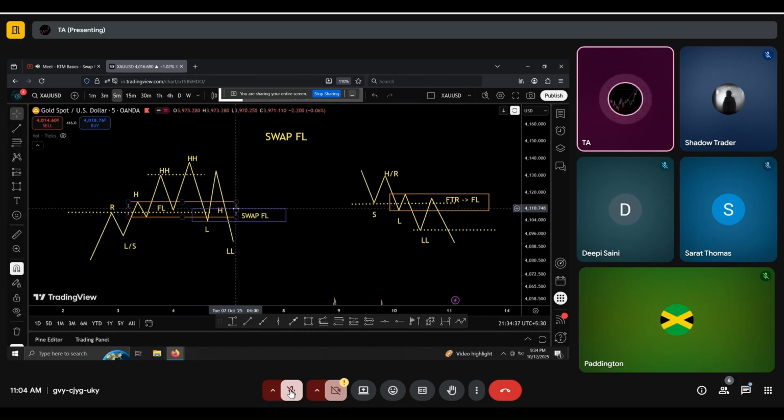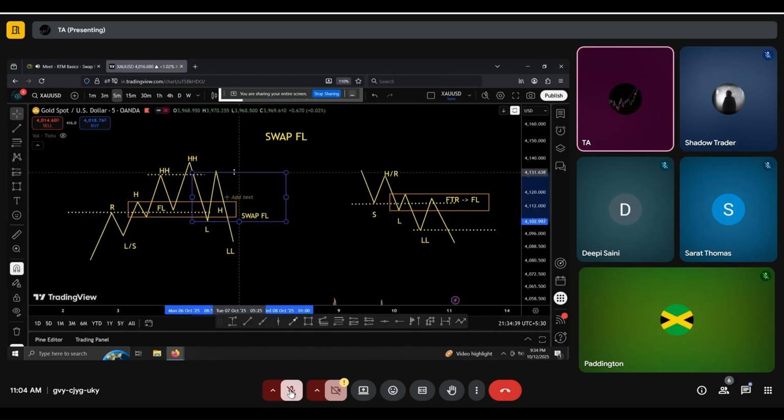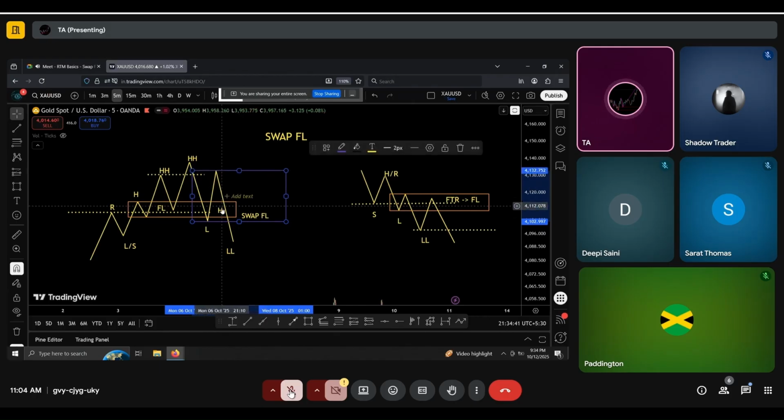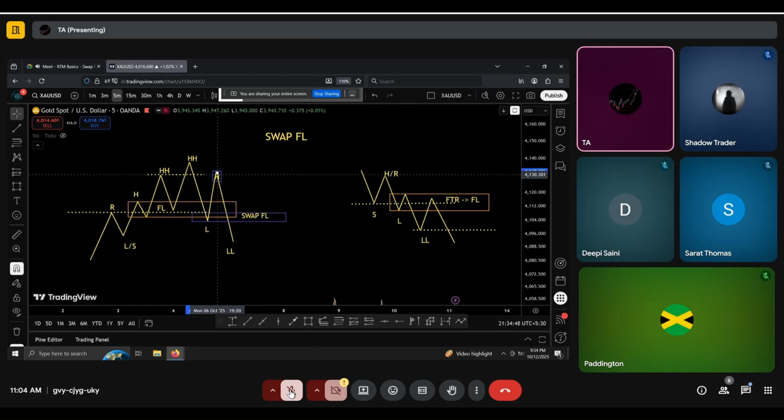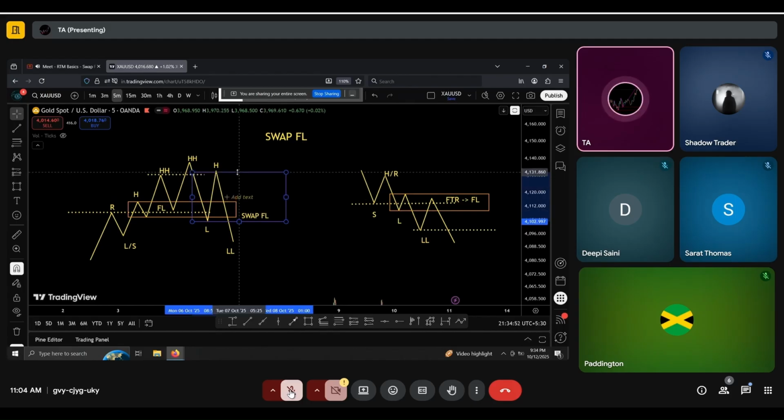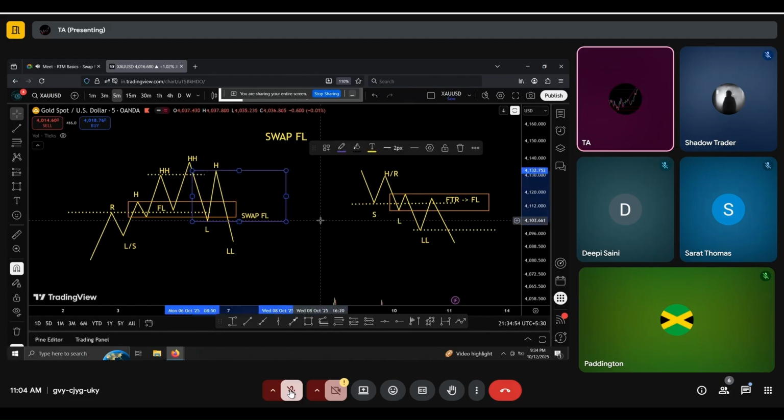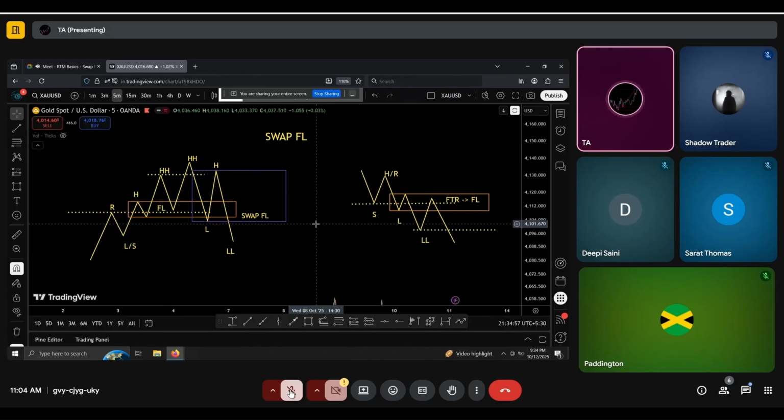This full zone will be our swap FL. In this case, this will be our swap FL, and this high will be shifted to here, right? This is also our swap FL. So swap FL can be this size or this size, both sizes are swap FL, right?